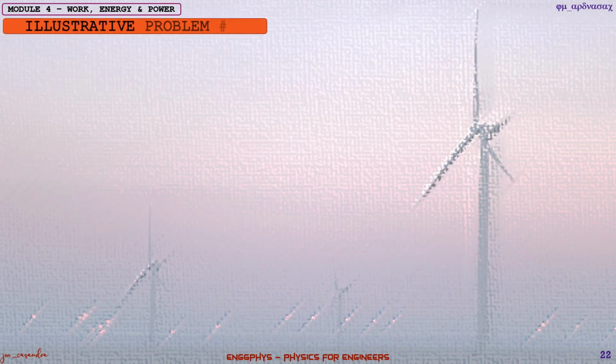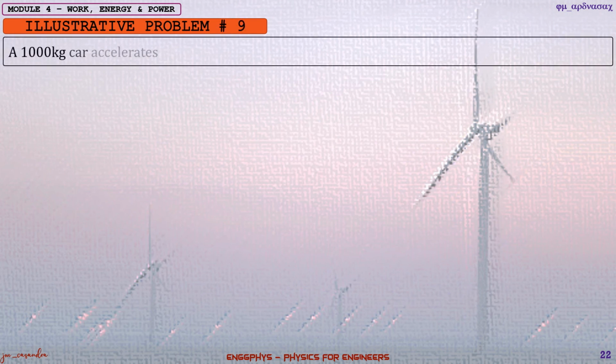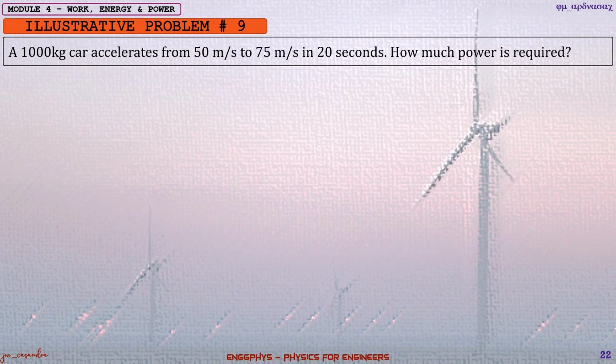So let's solve example problem number 9. A 1,000 kilogram car accelerates from 50 meters per second to 75 meters per second in just 20 seconds. For this problem, we are to determine how much power is required. For our solution, we'll be using our equation of power, which is work divided by time, or this could also be energy divided by time.